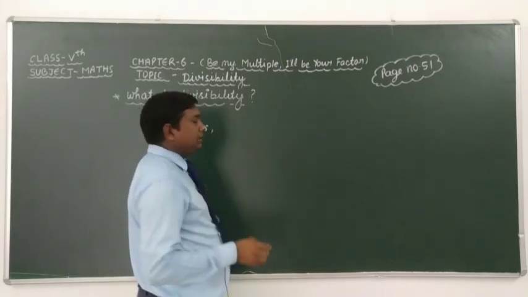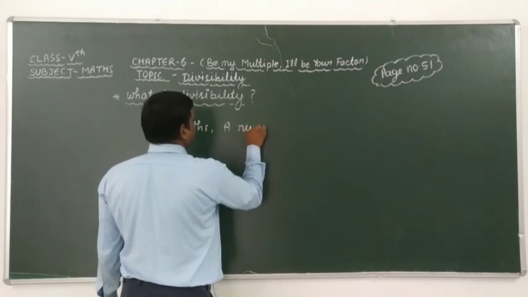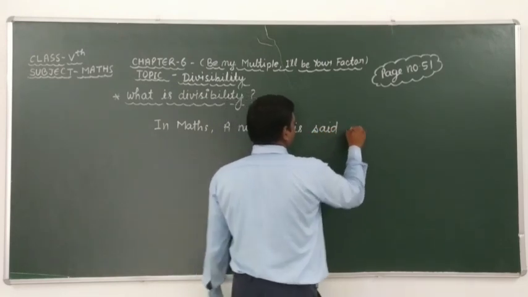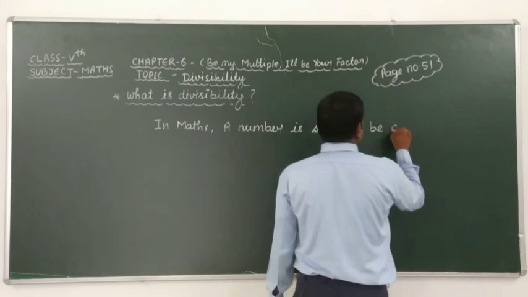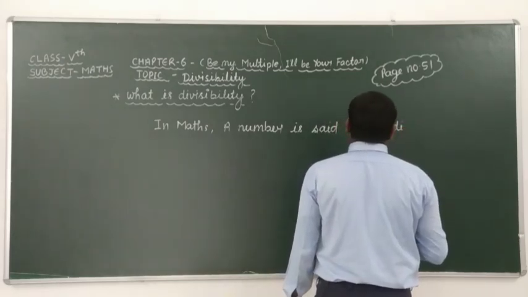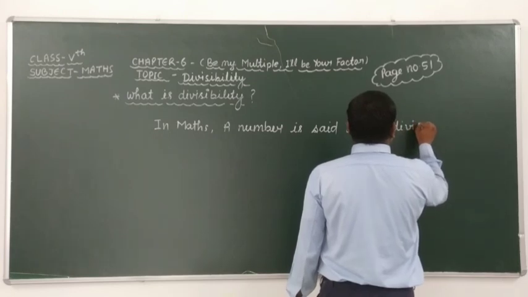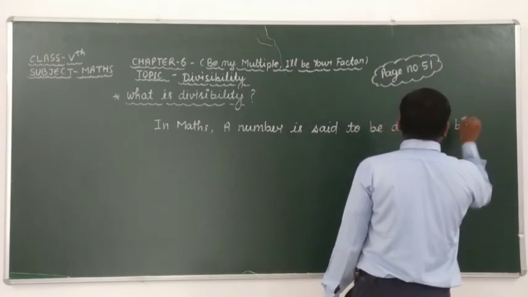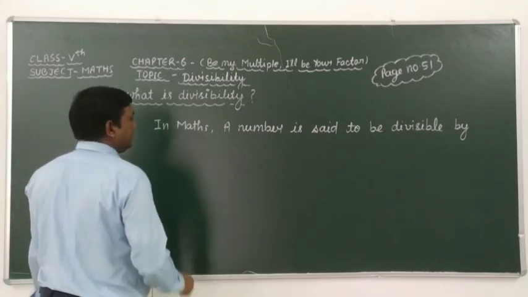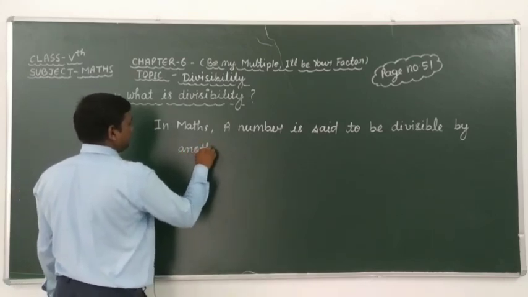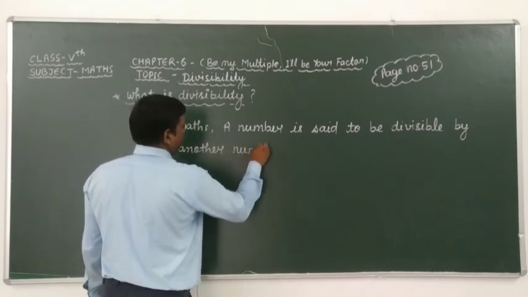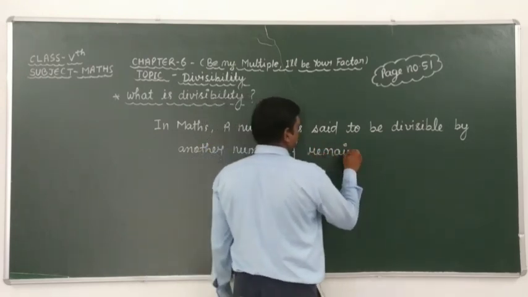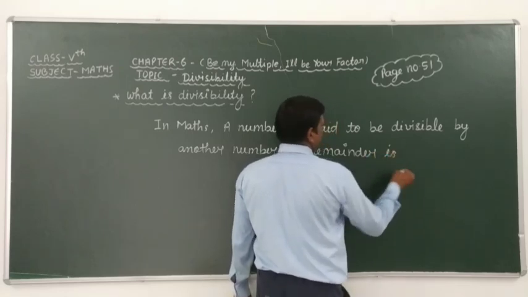a number is said to be divisible by another number if remainder is 0.